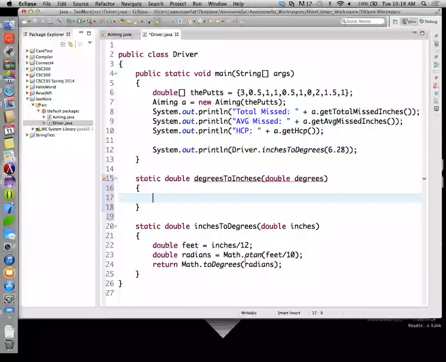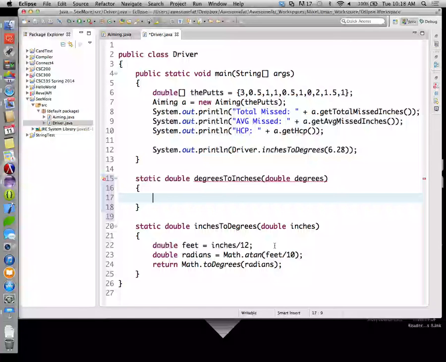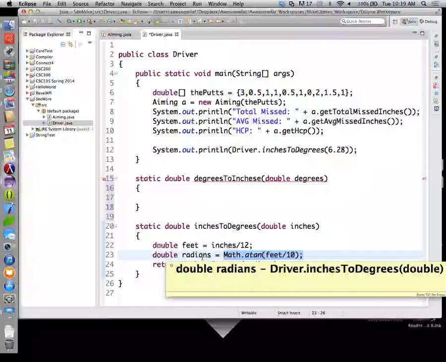Then we got the radians for that by taking the arctangent of feet divided by 10. And then we called the toDegrees function of Java to convert the radians to degrees. So if this is how we get the radians, how would we get the feet?